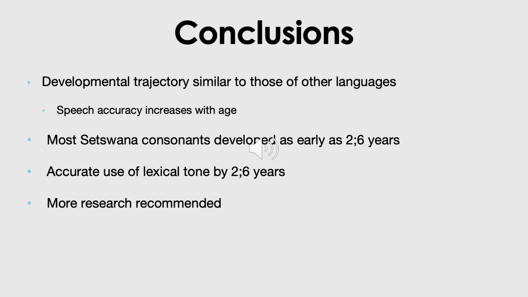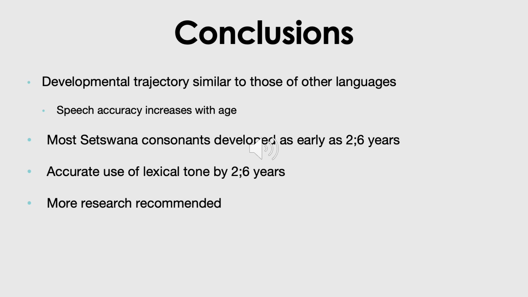Now, in conclusion, it is clear from this research data that the developmental trajectory of speech development in Setswana-speaking children is similar to those of other languages, in that the accuracy with which speech is produced increases with age, something that would be expected in typically developing children.